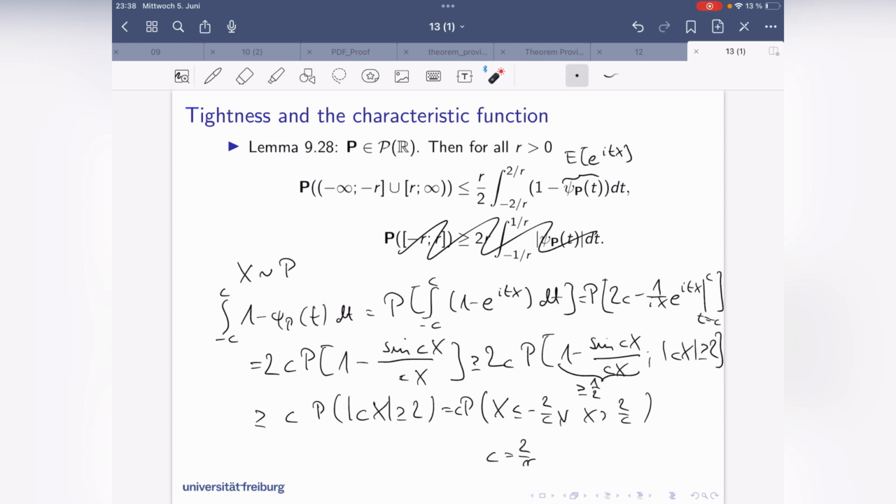So if c is 2 over r, this here is minus r and it's r. So it's exactly this set here on this side. And I have the c here, which I can multiply to the other side. c is 2 over r, so r over 2, which is this one here. And I have the c, and the minus c is 2 over r minus 2 over r here, and that's exactly the result that we want to have. Okay, that was a lemma, which we're going to need.